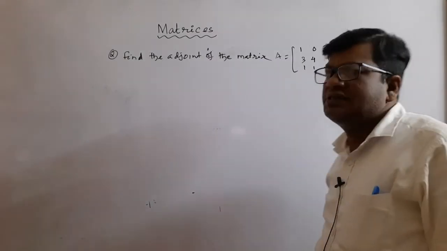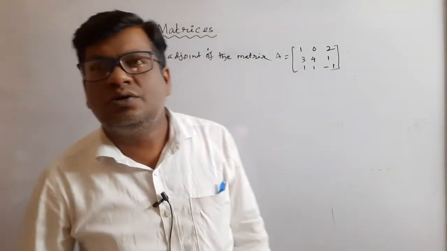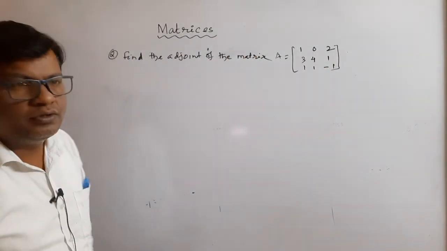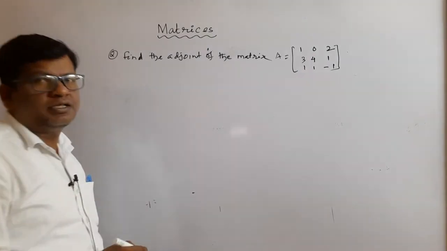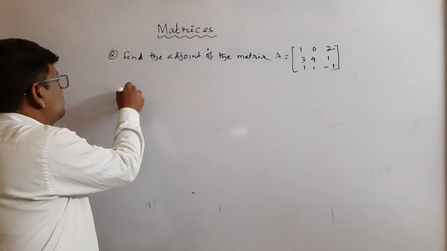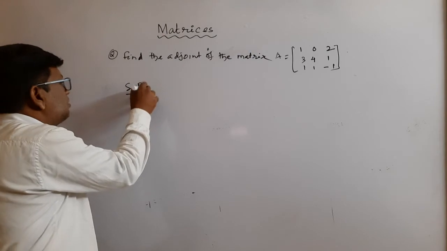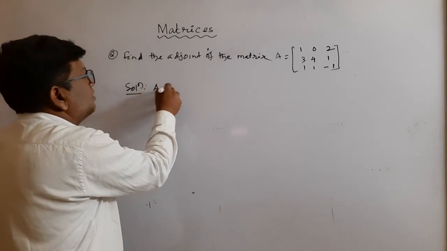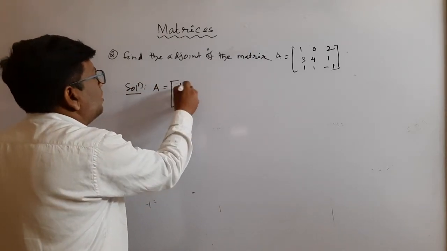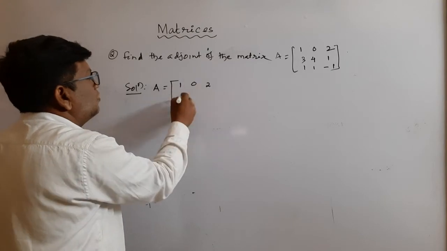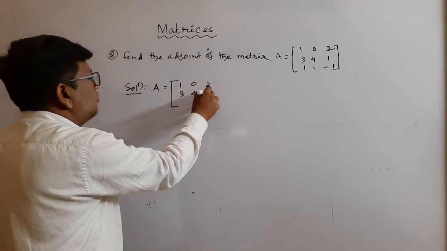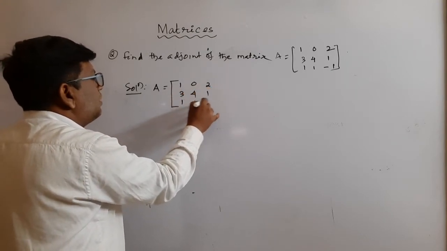Find the adjoint of this matrix. Solution: A is equal to 1, 0, 2, 3, 4, 1, 1, 1, minus 1.